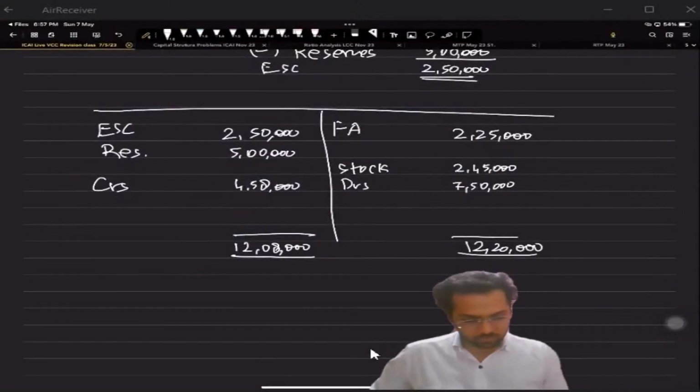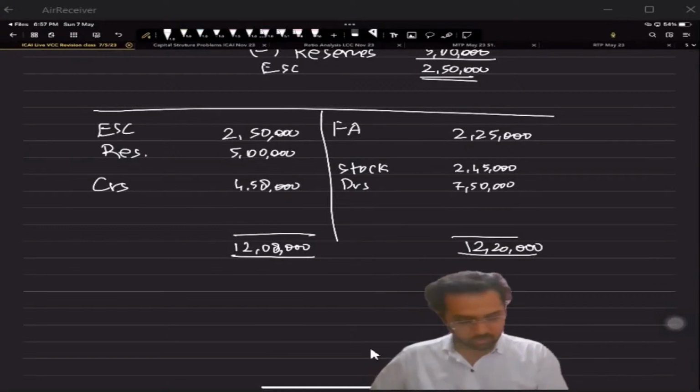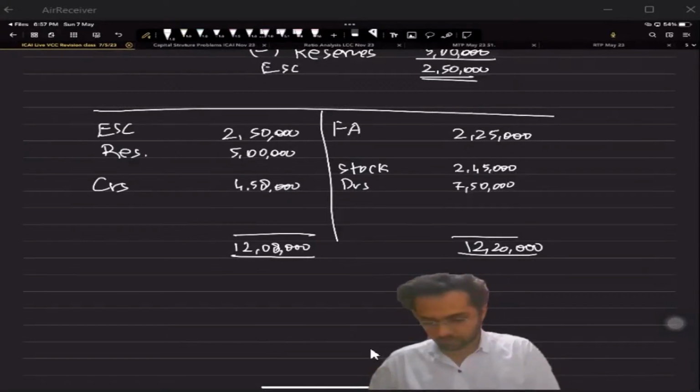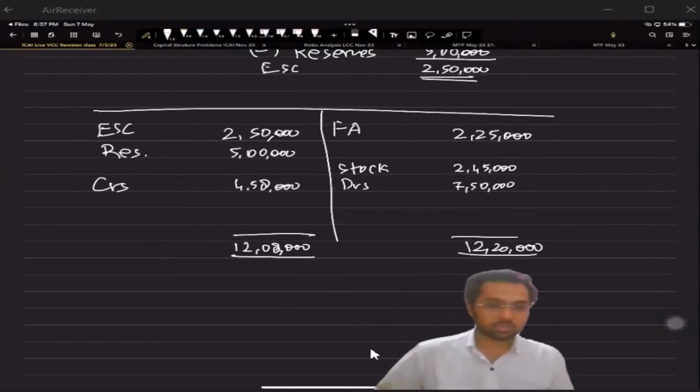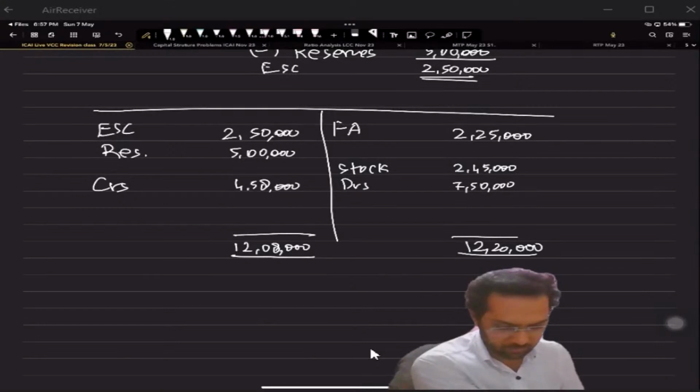So which side is it? 2 lakh 50,000 plus 5 lakh plus 4 lakh 58,000 is 12 lakh 8,000. We have 2 lakh 25,000 plus 2 lakh 45,000 plus 7 lakh 50,000. That's 12 lakh 20,000. So we still have some sort of balancing. There's a difference of 12,000.